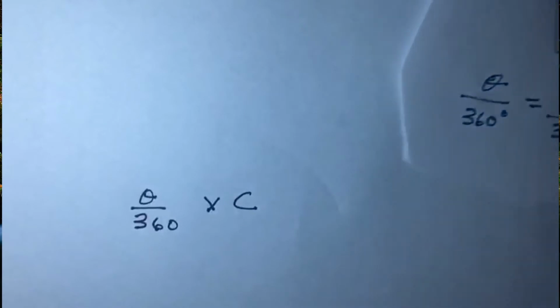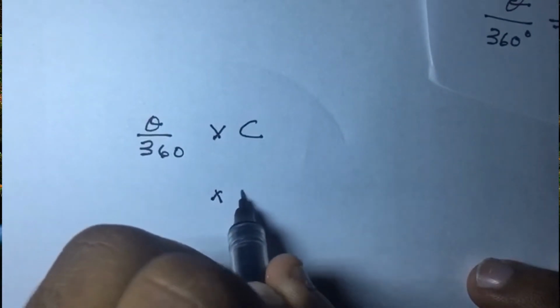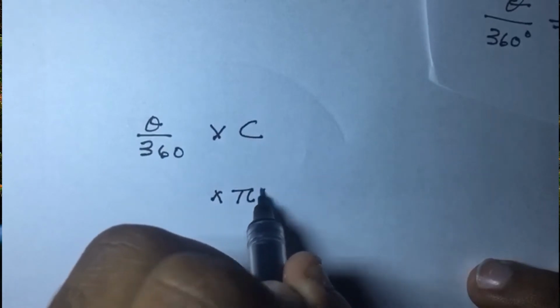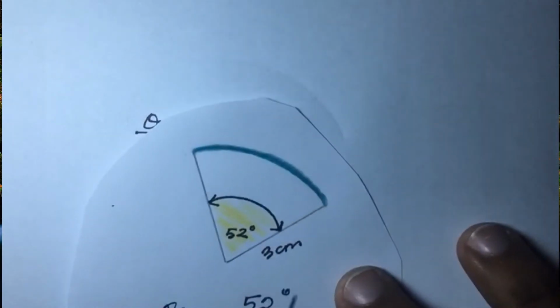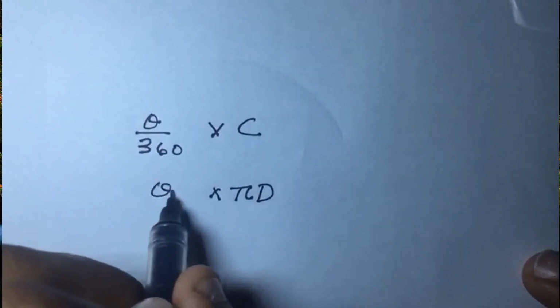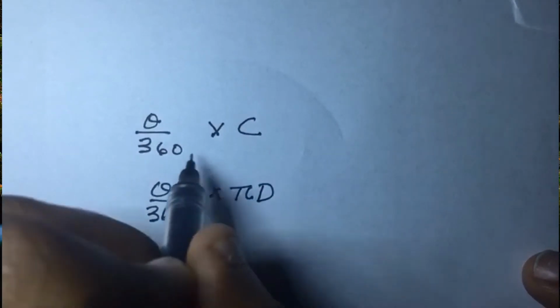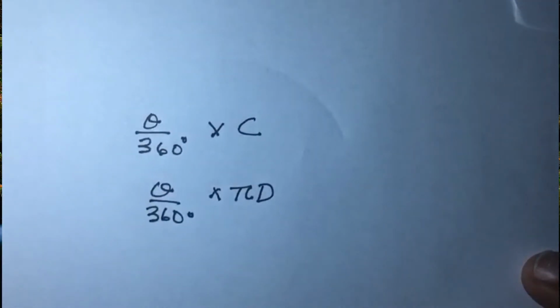Remember that we calculate the circumference using the formula pi d. So to find how much this blue arc measures, I multiply theta over 360, which is a fraction of the circle, by the circumference of the entire circle.